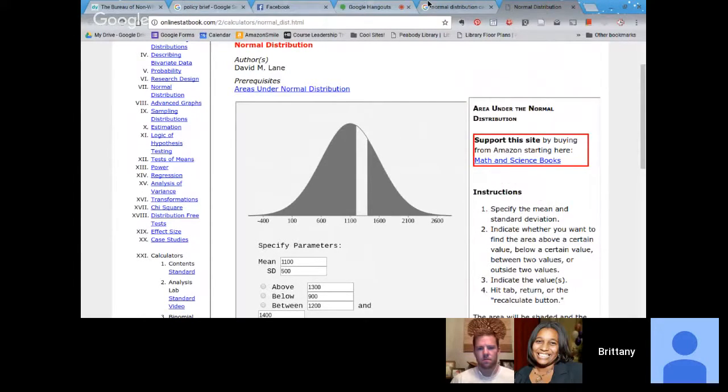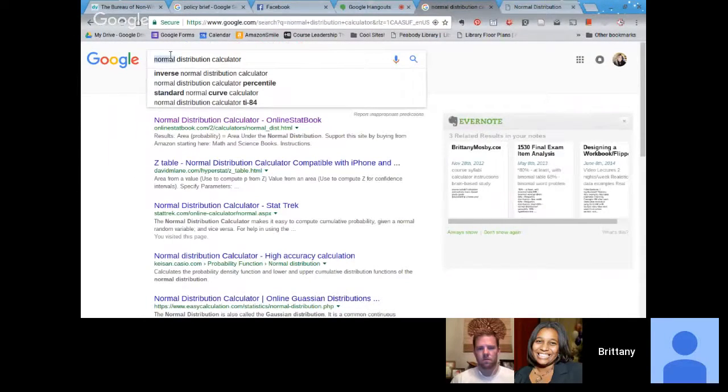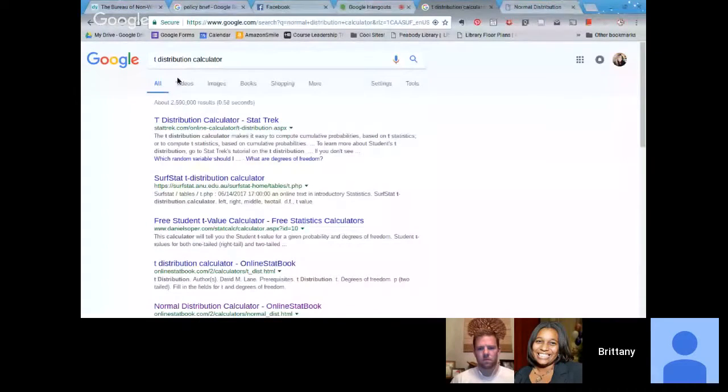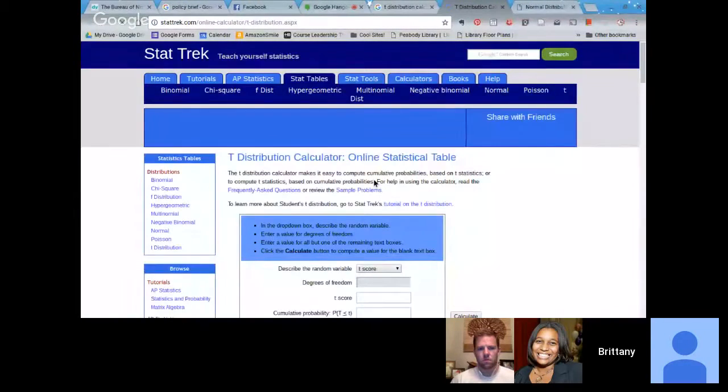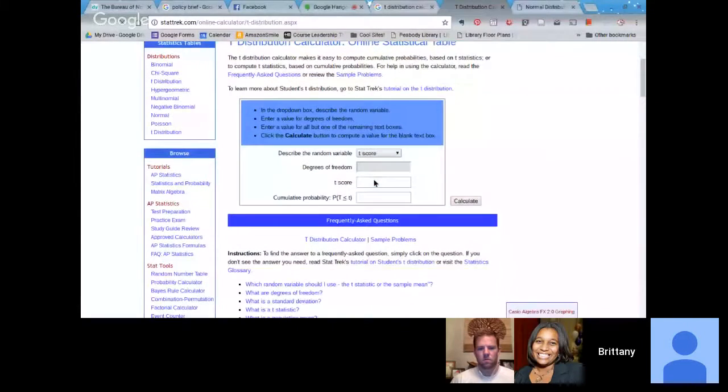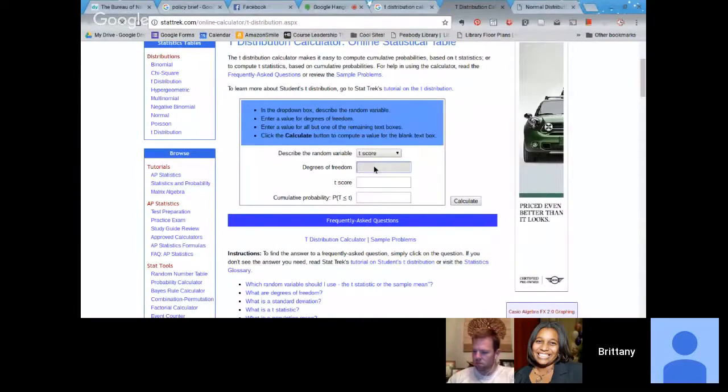So this also works for t. You can do the same thing for the t distribution. Remember, the big difference between the normal and the t distribution is that you need to know the degrees of freedom, and that's always going to be n-1.